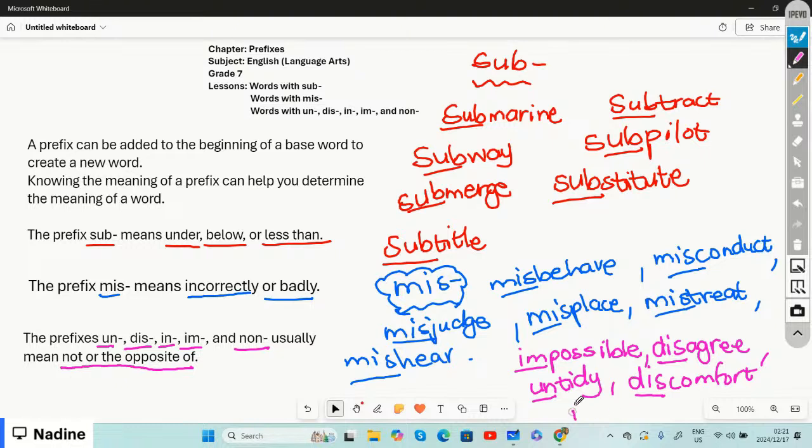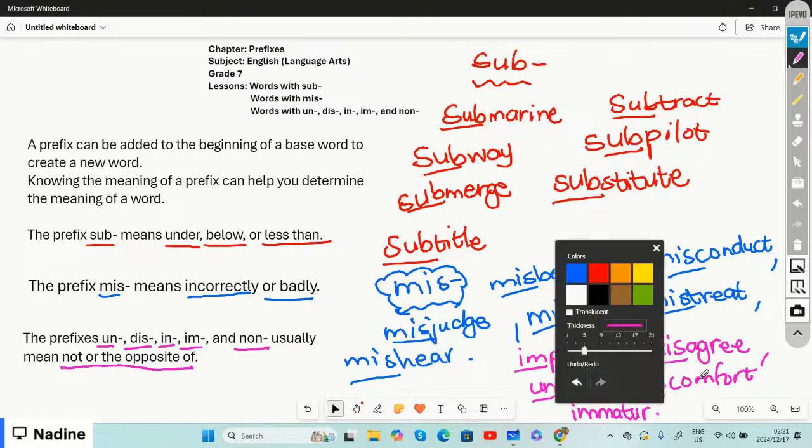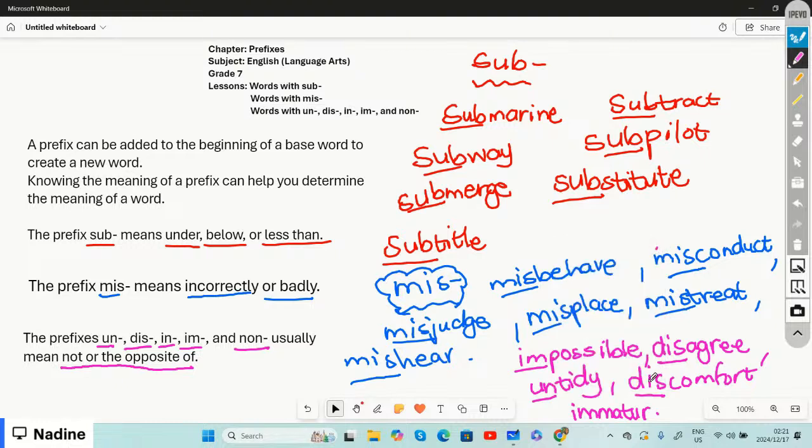And maybe the last one is immature. And immature means that you are not mature at all. It's like you're telling somebody who's in grade 7, who's the seniors of the school, you are not mature.